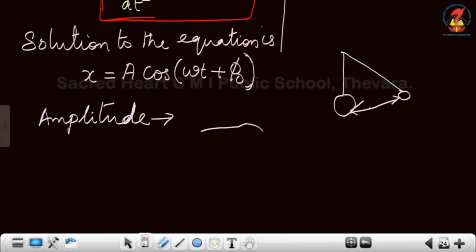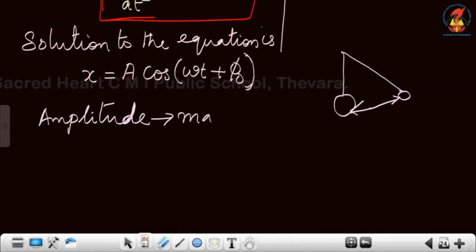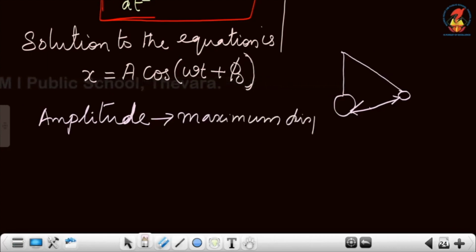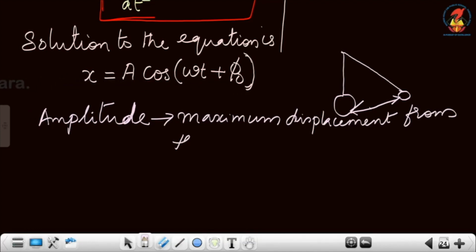It is the maximum displacement from the mean position.